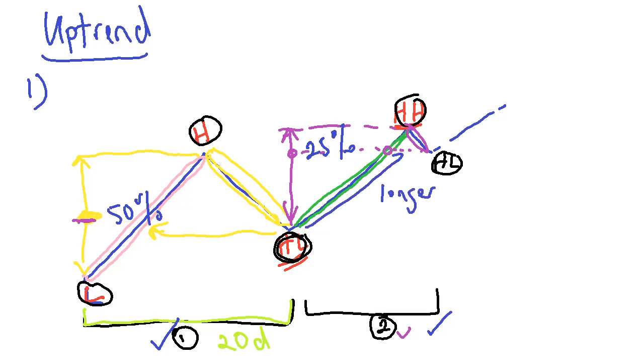The move upward is longer compared to the first. It's not very evident from this particular line, but let's assume that this particular line is longer compared to the first line. If you don't understand this part, you have to really watch the previous video of mine, because that will tell you how to do that measurement. So assuming the second loop here has a longer upward move compared to the first one, we can conclude that it's in an upward move. It has a tendency to go further up.